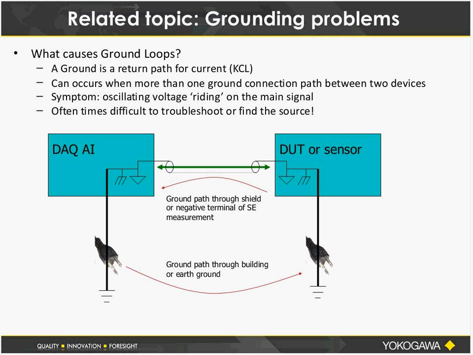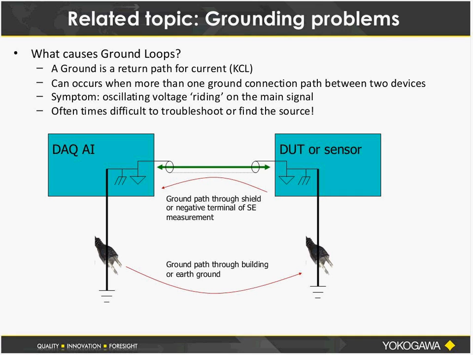This is a related topic, by the way: grounding problems or ground loops. Sometimes we don't think about ground loops and common mode voltage in the same sentence, but they're actually related to the same effect, and that is to say that there's a potential difference in grounds which causes a current loop.